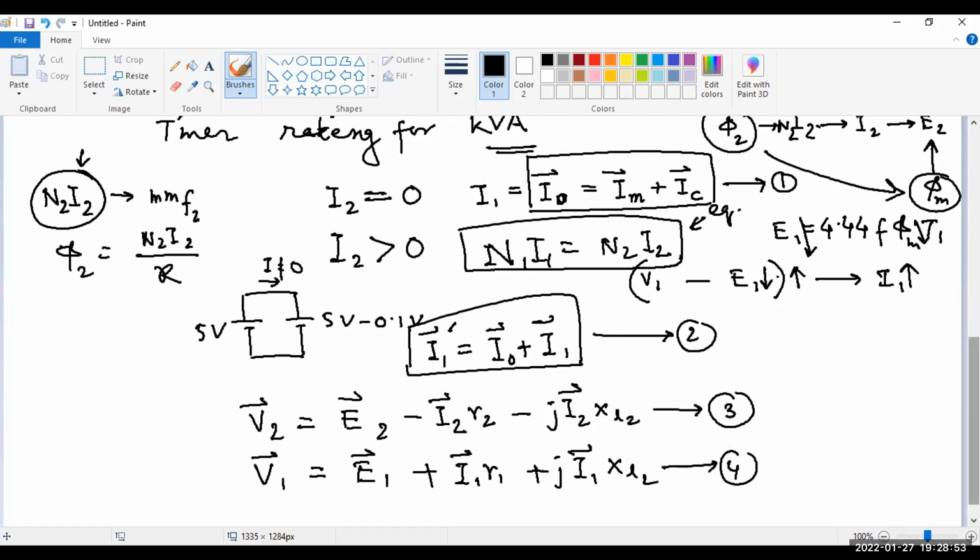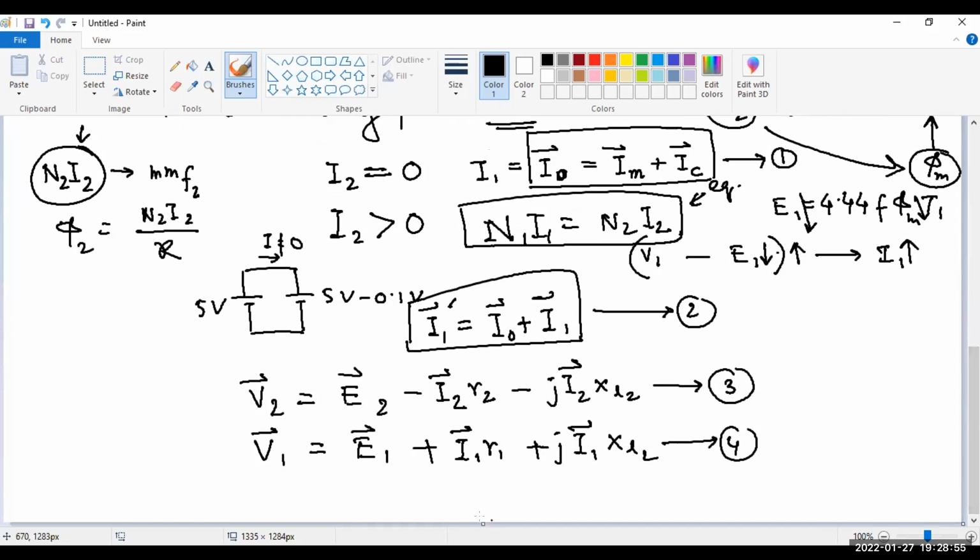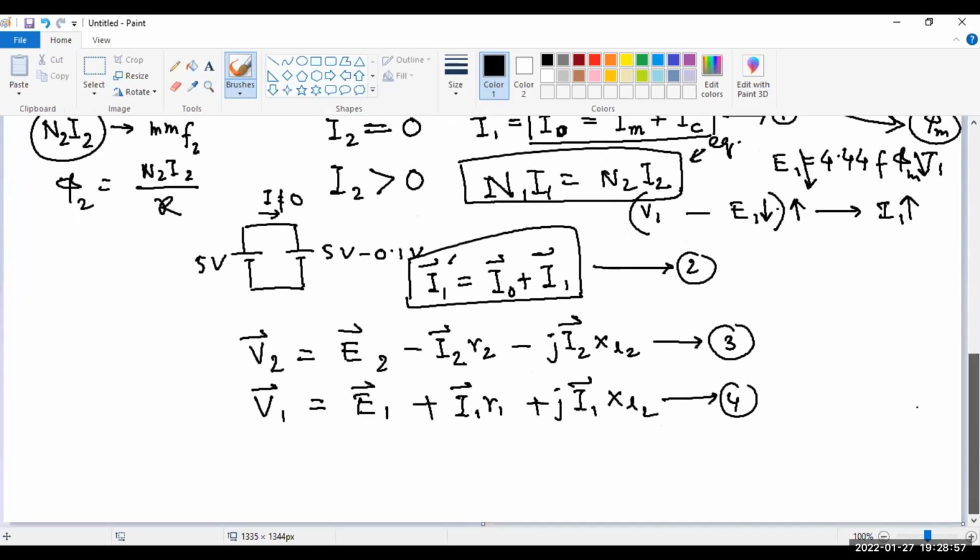So try to jot down all these equations and try to remember them.